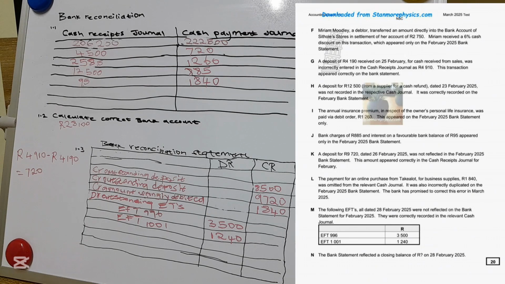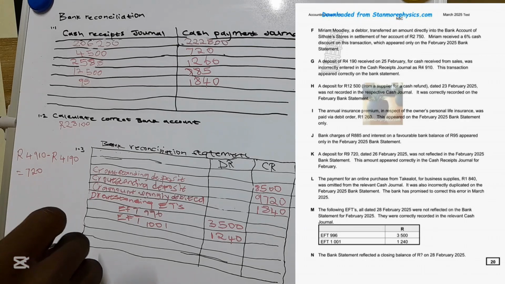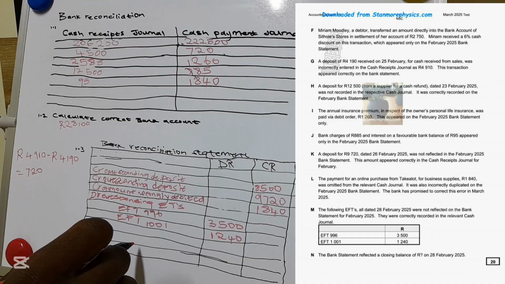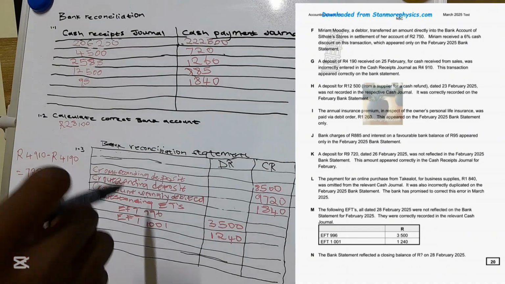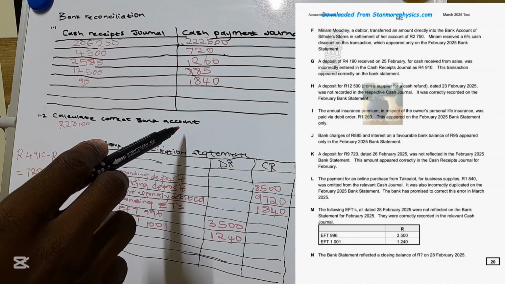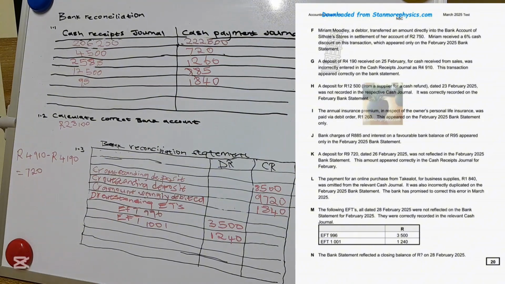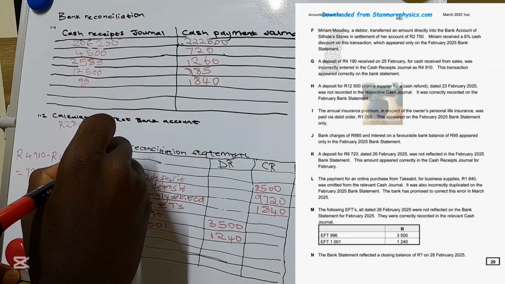Then, if you still remember, I said here at the bottom we have balance as per bank account. We are going to record the amount that we're going to get from 1.2. Then at the top, always we have balance as per bank statement. Always, guys.